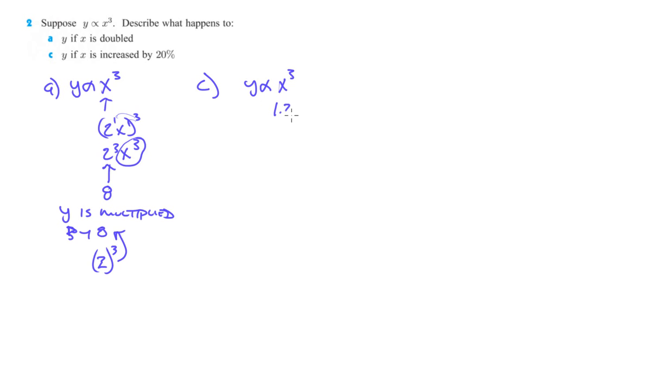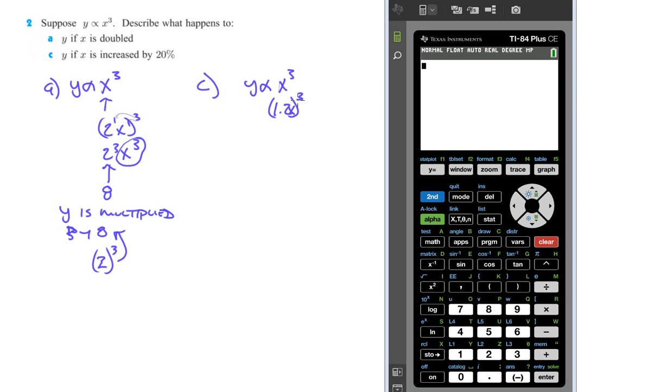Instead of just plain old x, it's going to be 1.2 of x, cubed. So to see what happens to y, we put this 1.2 in here and raise it to the third power. 1.2 to the third power gives us 1.728.